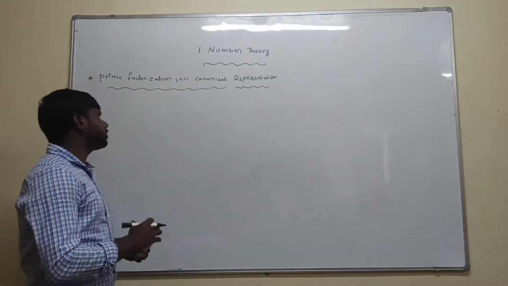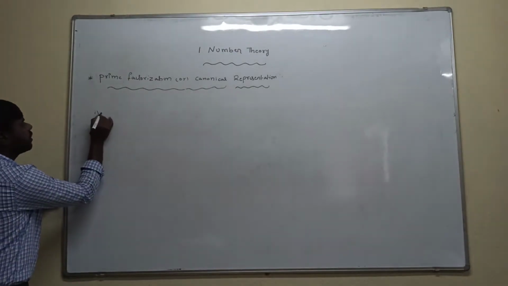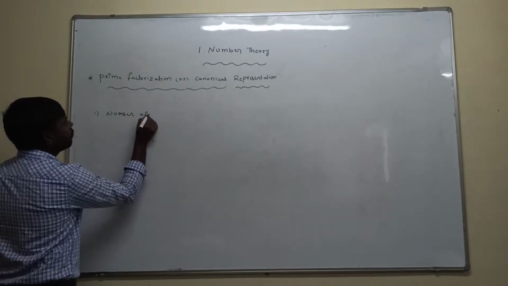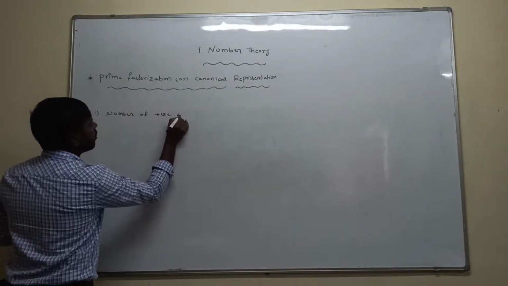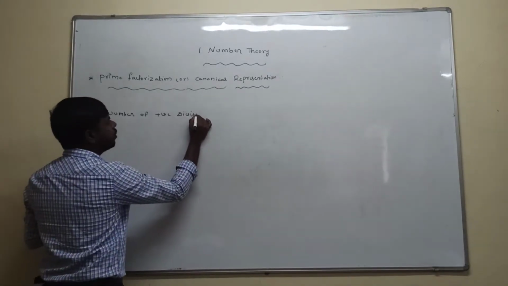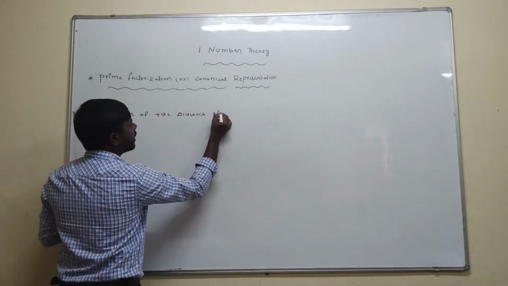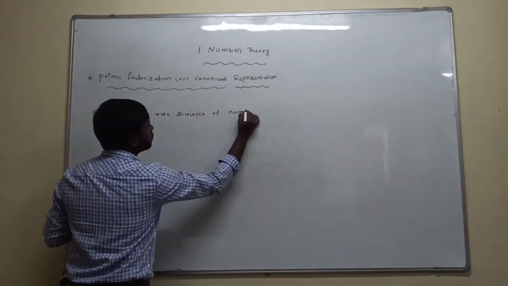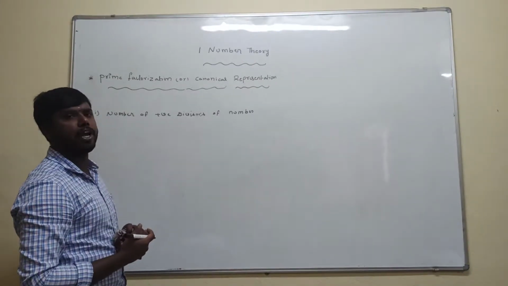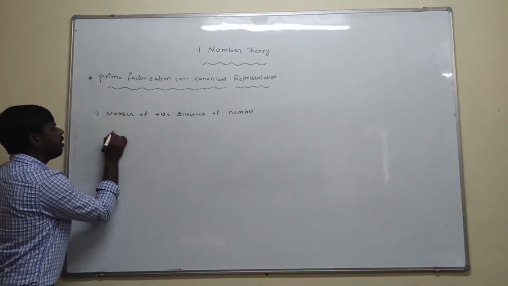See, the first one is the number of positive divisors of a number. The number of positive divisors of a number is denoted by T of n.